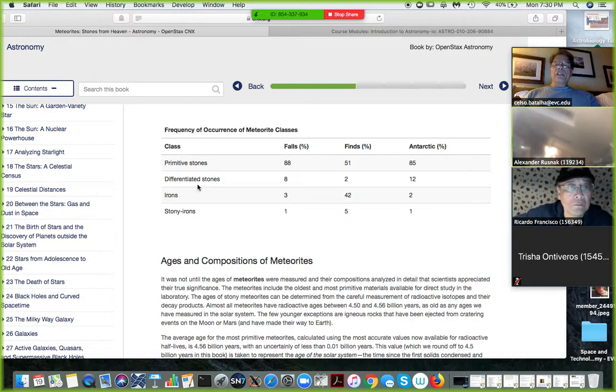So differentiated, we learned this word differentiation previously. Pieces of planetesimals in the circumstellar disk that happen to be big enough to undergo an entire melting, which means they become liquid at a certain point in their life cycle.